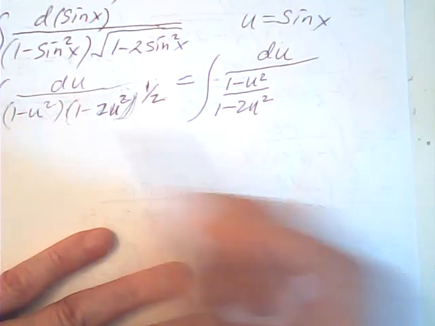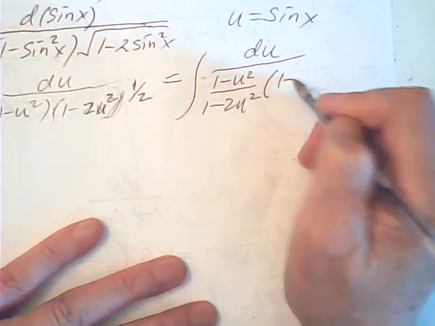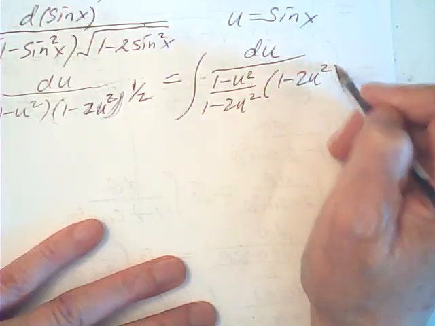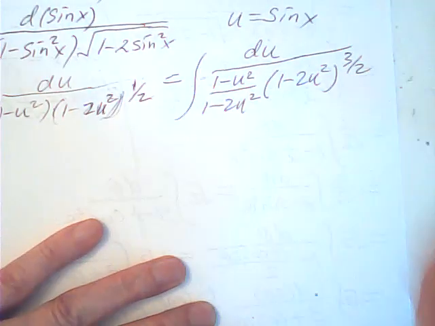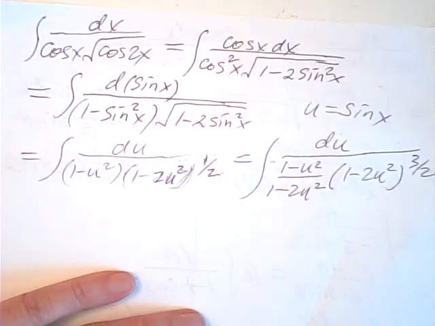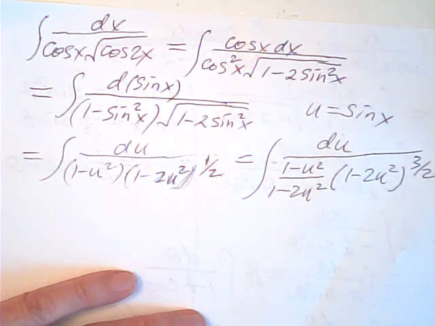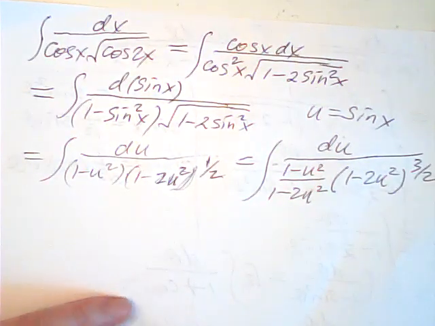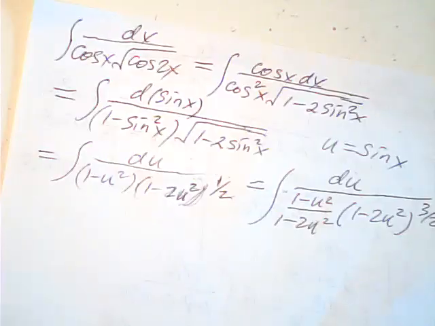Then this one at time, this same thing. It becomes 1 minus 2u square to the 3/2.